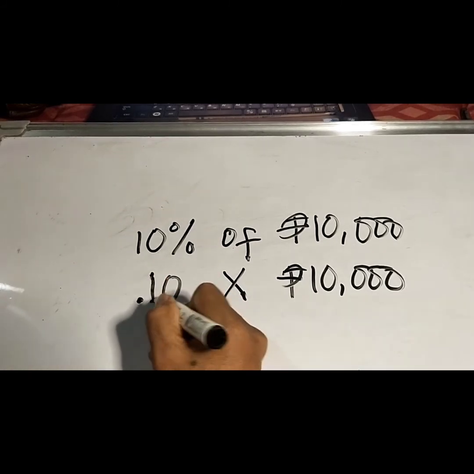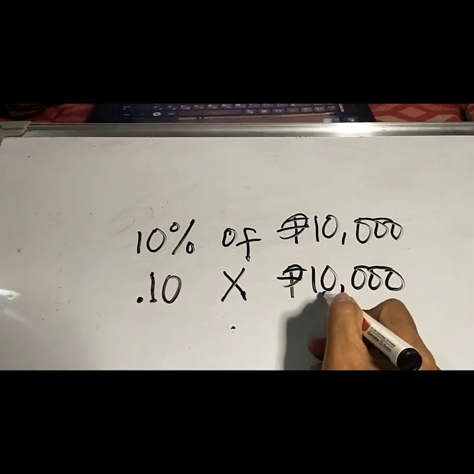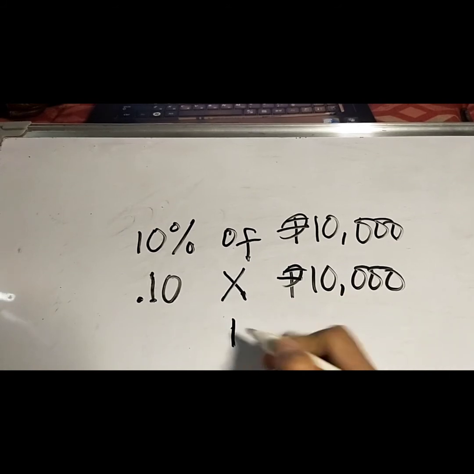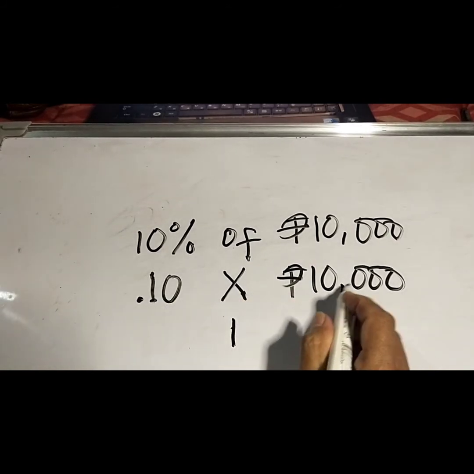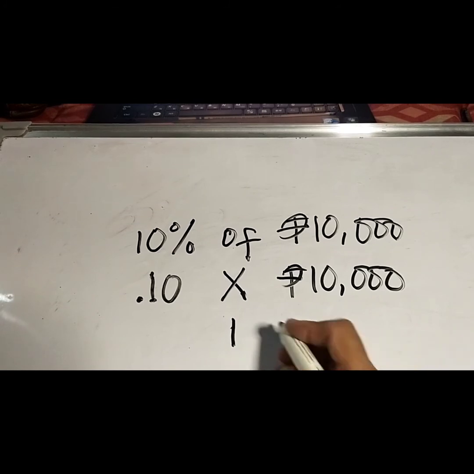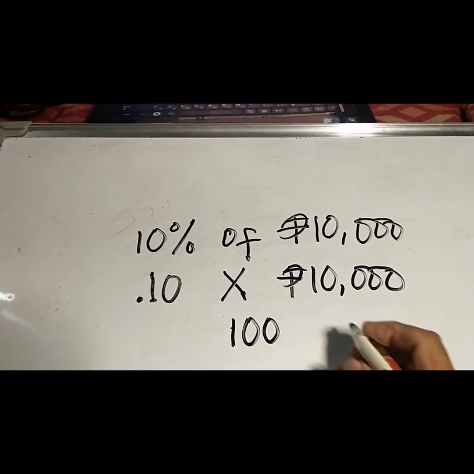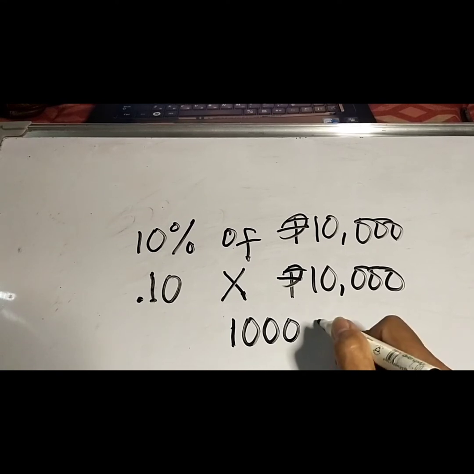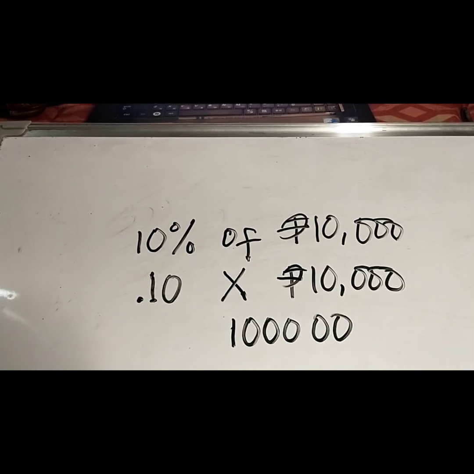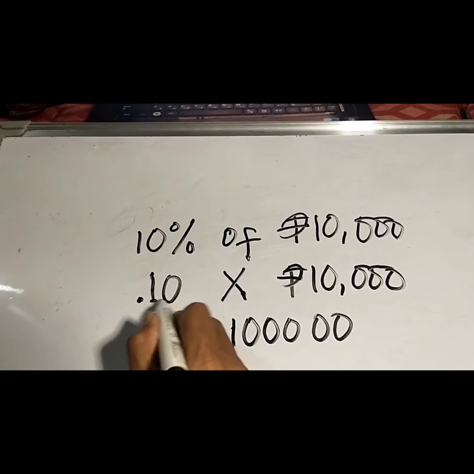1 times 1 will have 1. Then 5 zeros. Copy. 1, 2, 3, 4, 5. We count the decimal places. 1, 2, 1, 2.